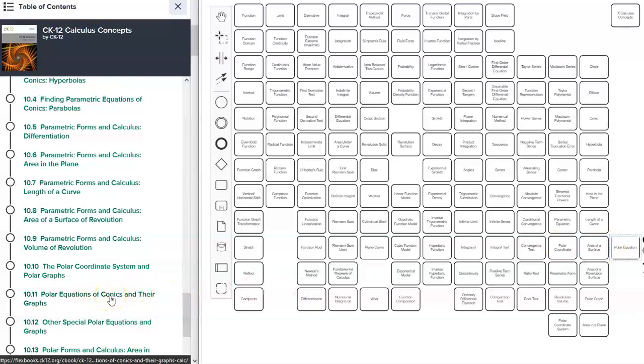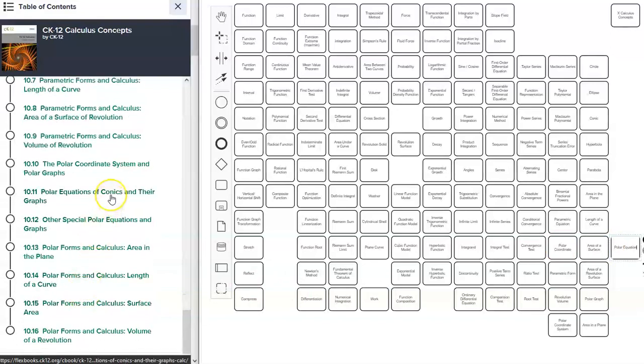We have conics and their graphs. So maybe lots of things have a graph, and then we have conic over here. So polar equations of what? Of conics. And what their graphs look like. Special polar equations, yeah, everything's got something special. And their graphs. Polar form. We have parametric form, but we didn't get polar form.